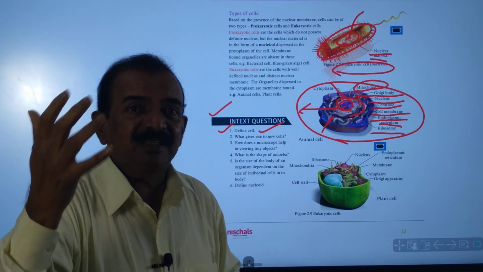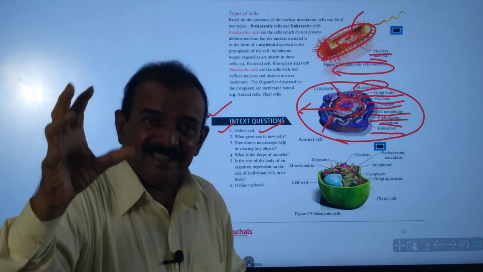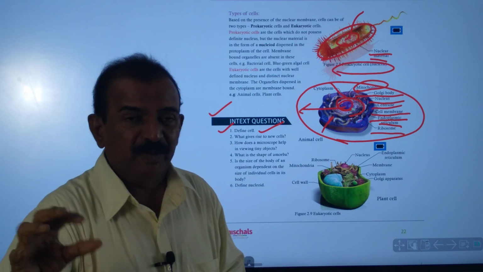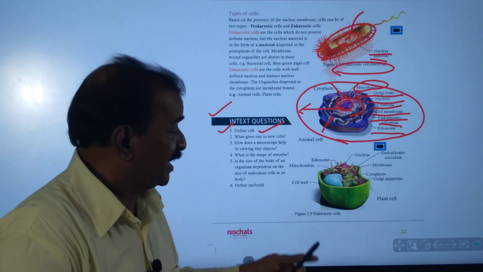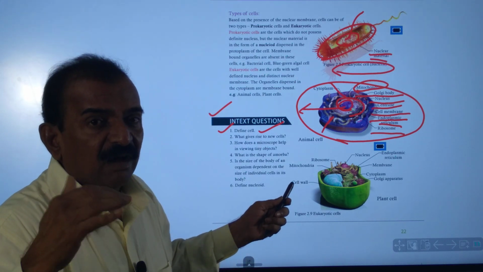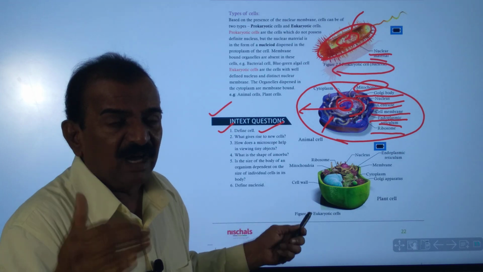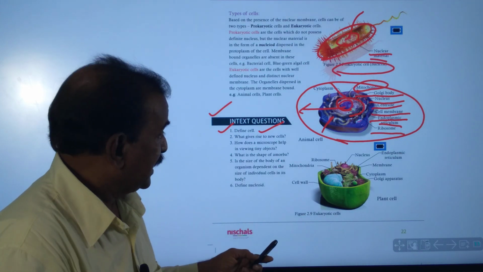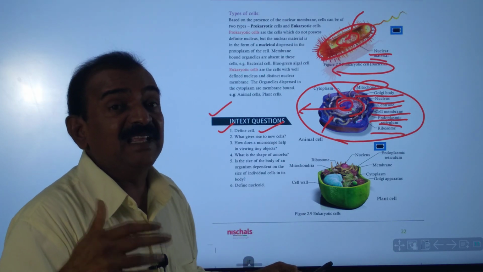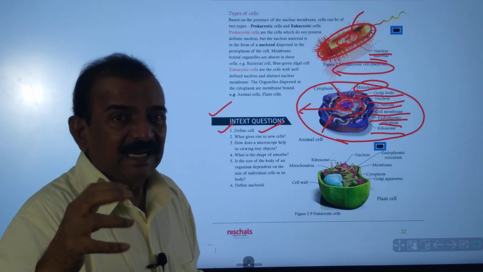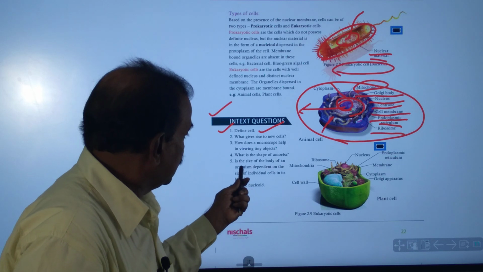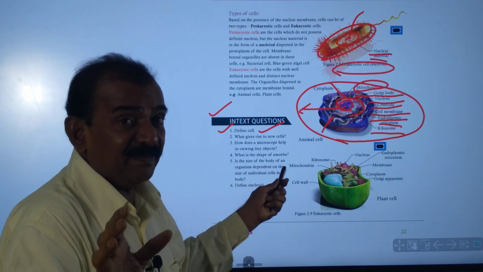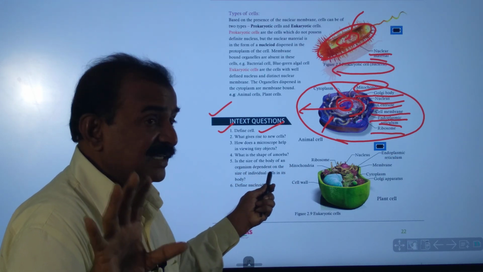So large animals have nerve cells, and the same type of nerve cells are also present in human beings and other animals. The animal size does not depend on that. All living organisms have cells, but the size of the animal is not based on the size of the cell. So the size of the body does not depend on the size of the cells.